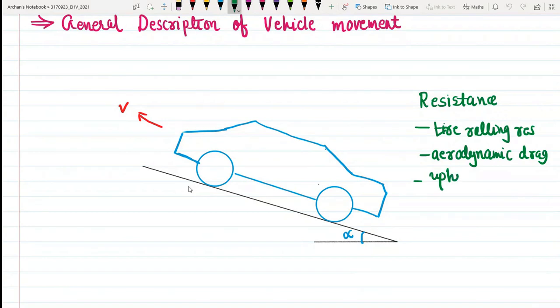It is also known as grade resistance. So this is the resistance offered to the movement of this particular vehicle.